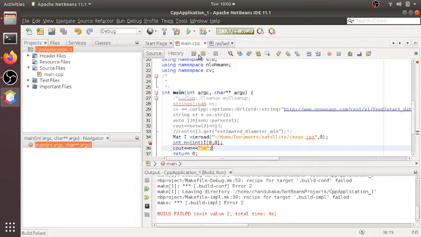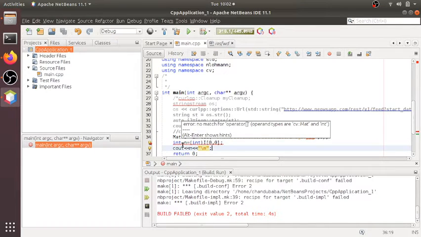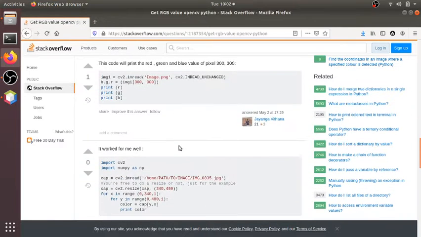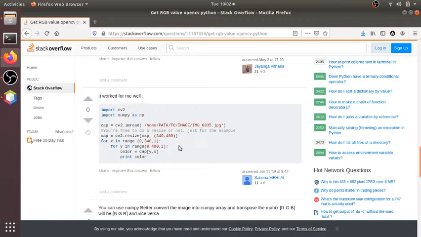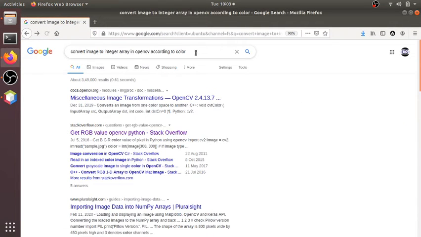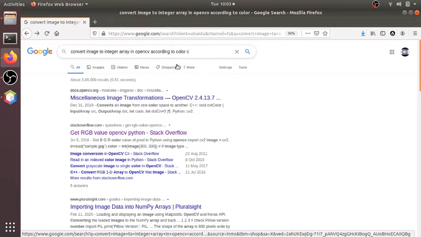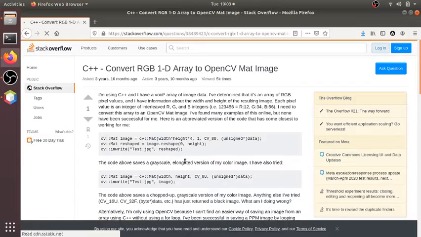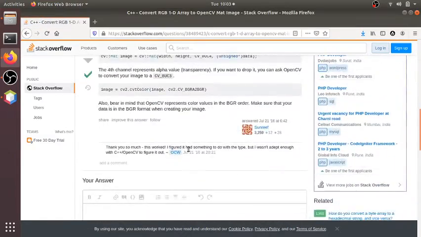So what? It did not work. Maybe. What's the error? No match for operator to Mat. Okay. I need C++. Convert RGB 1D array to OpenCV Mat image.